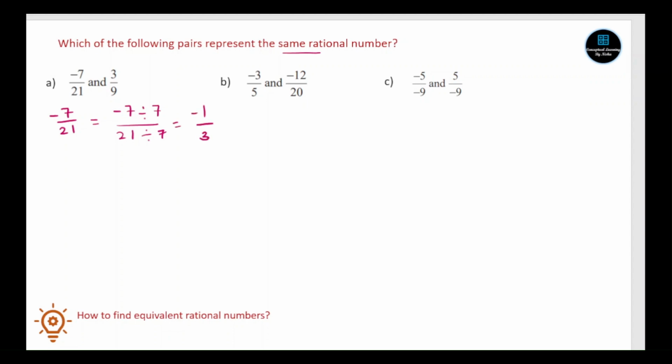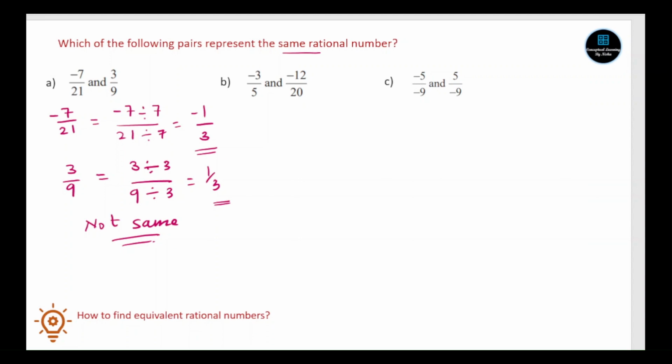Similarly, I have 3 upon 9. If I divide both by 3, we get 1 upon 3. Now tell me, are they the same? No, they are not the same, or I can say not equivalent.